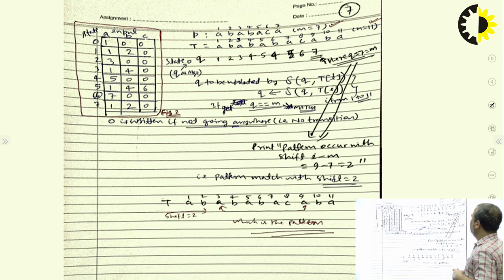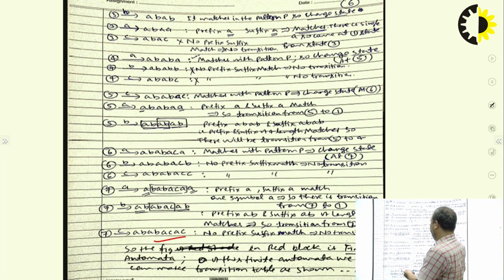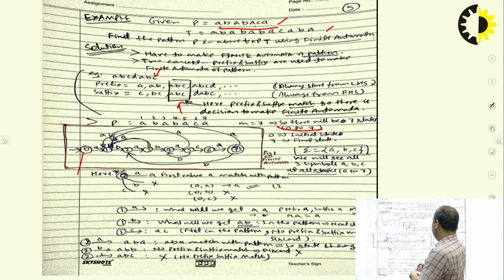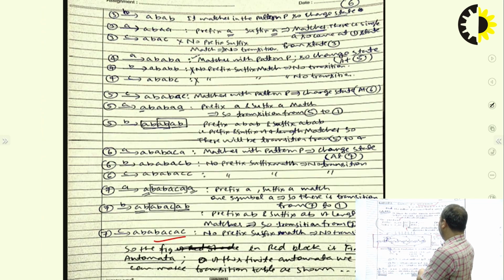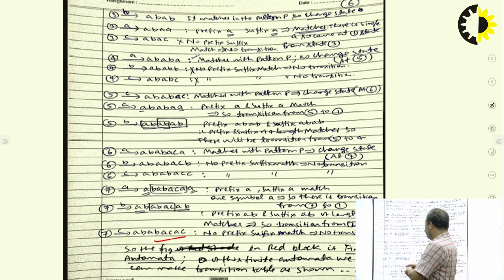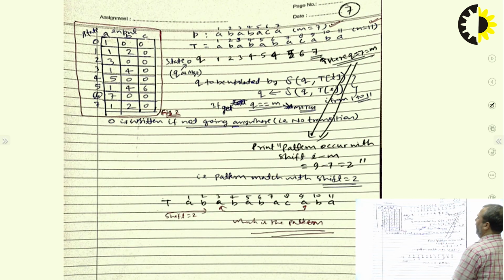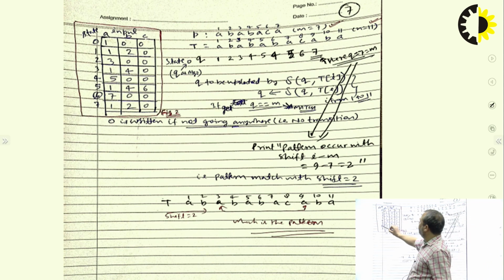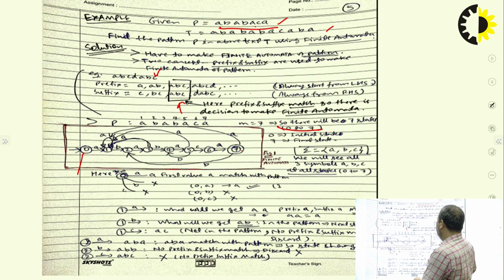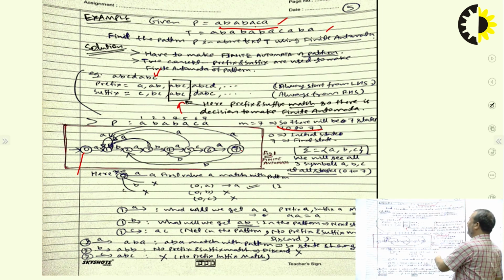Now what we do is, out of these transitions we can make this table. The last one is the 7th state, and 7 is the final state.